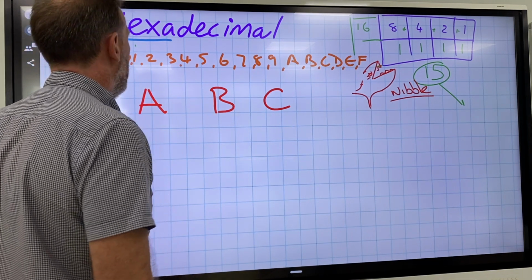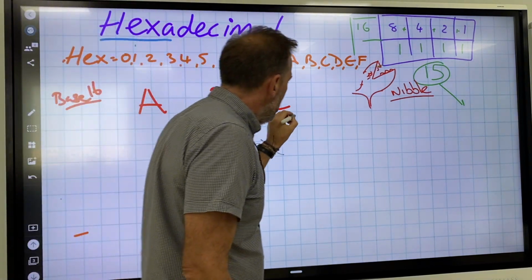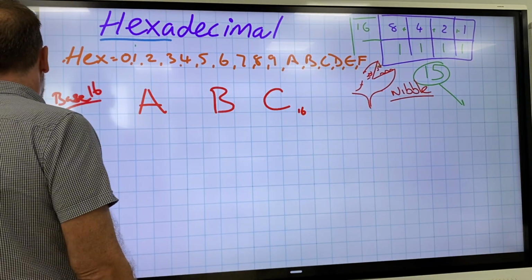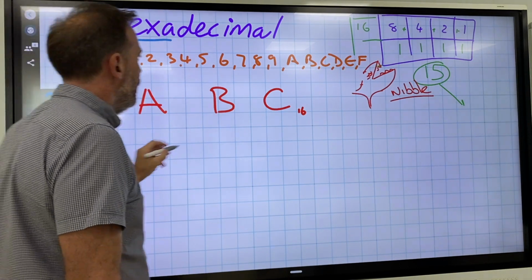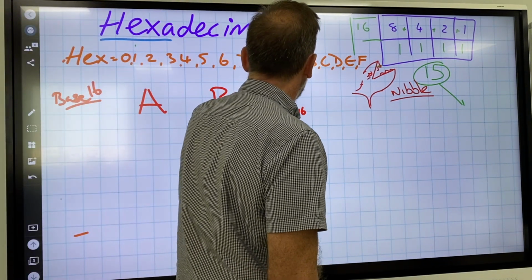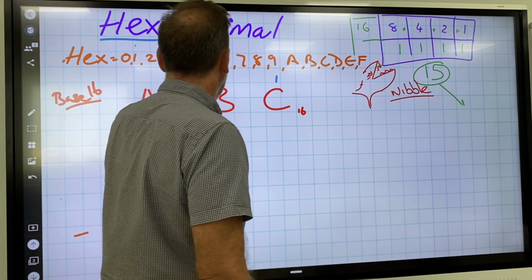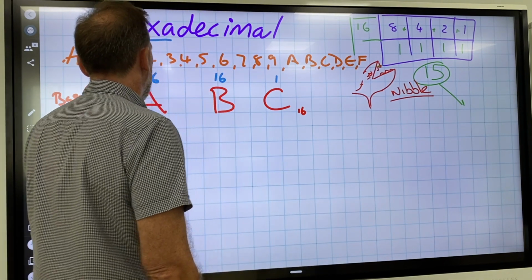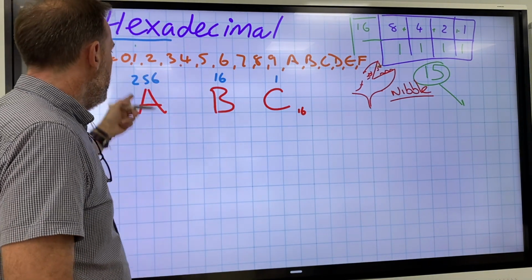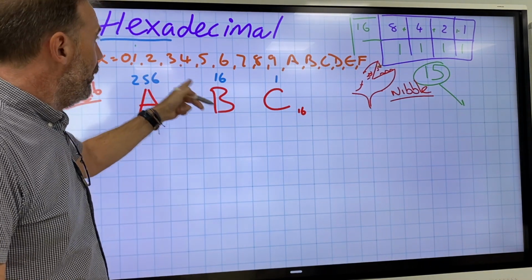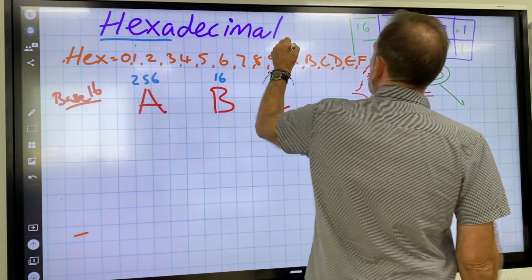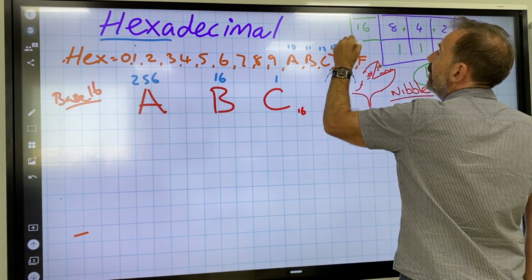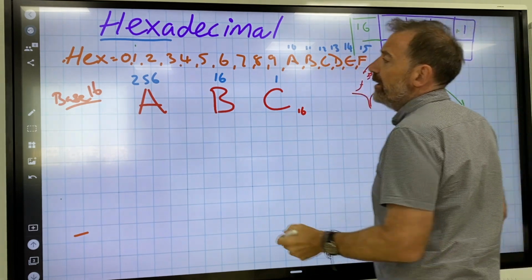I can put a little 16 here to show that it's a base 16 number. So I've got my units, my 16s, and my 256s.